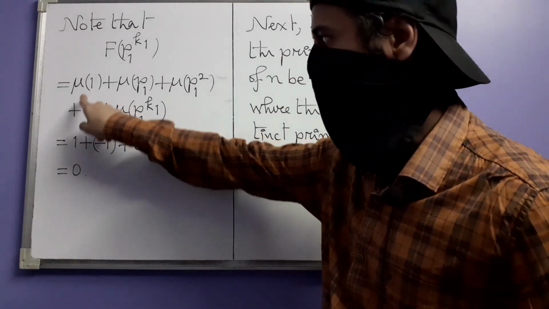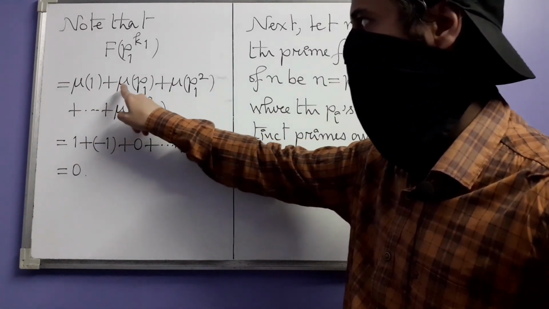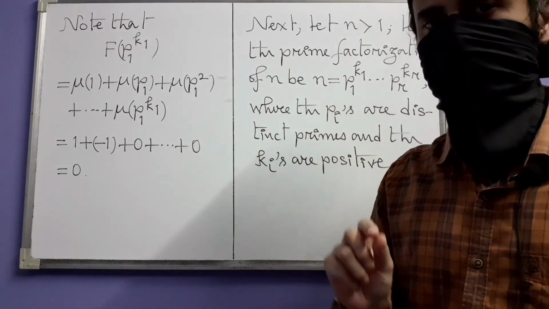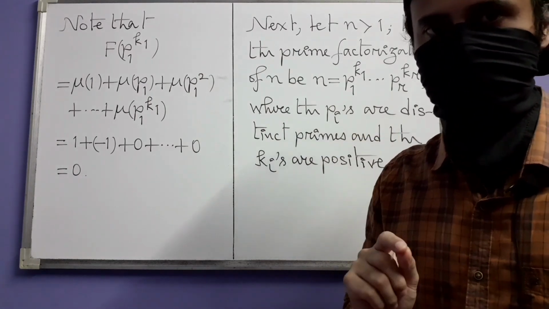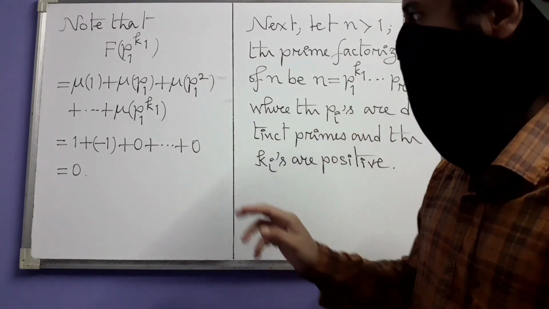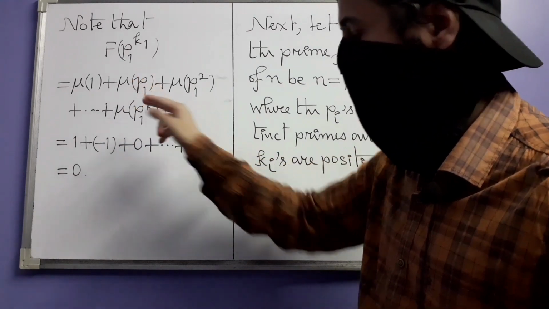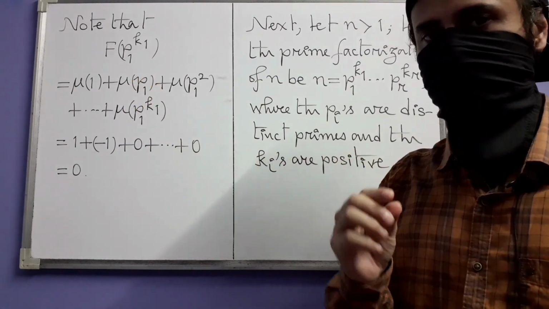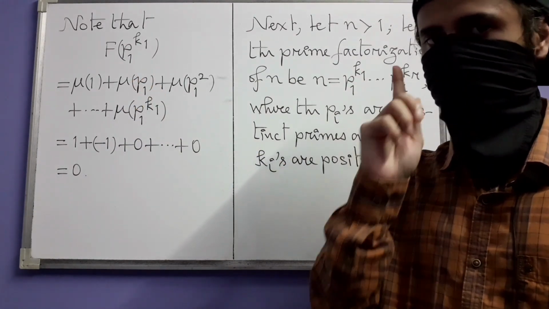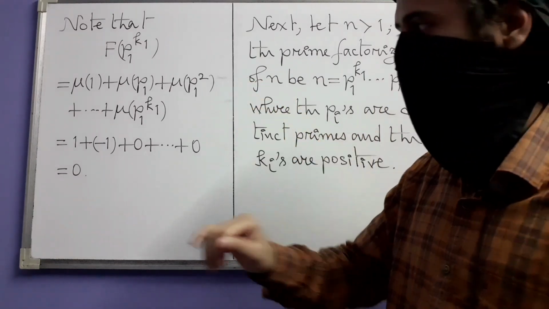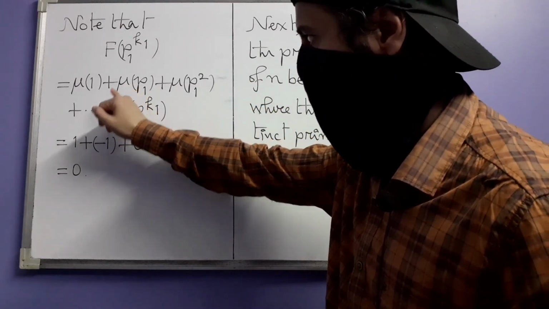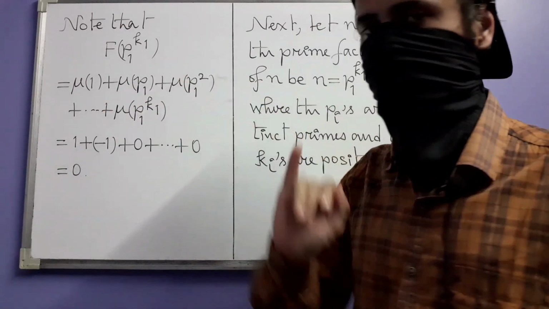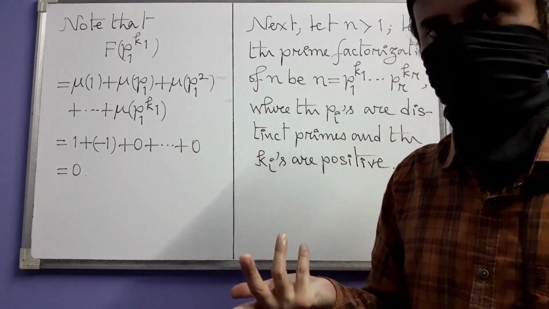Then we apply the definition of mu to each one of them. Mu of 1 is equal to 1. What about mu of p1? P1 is a square free integer, in fact it's just a prime. And how many primes are there in the prime factorization of p1? 1, and that is p1 itself. So by the definition of mu, this is equal to minus 1 to the power 1, that is minus 1.